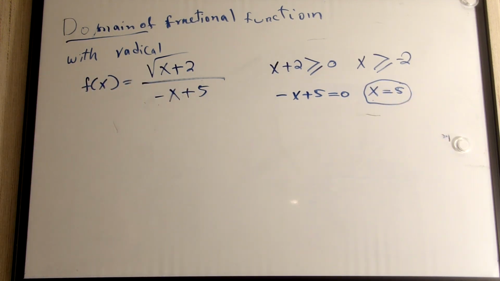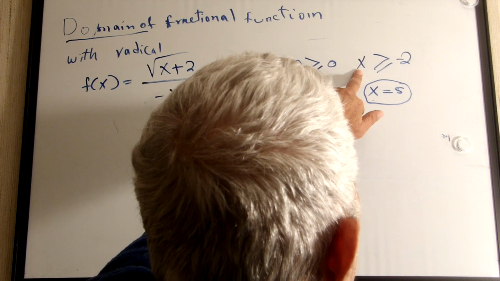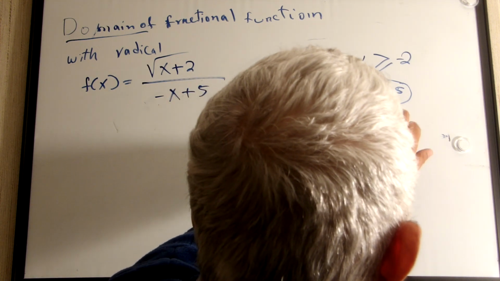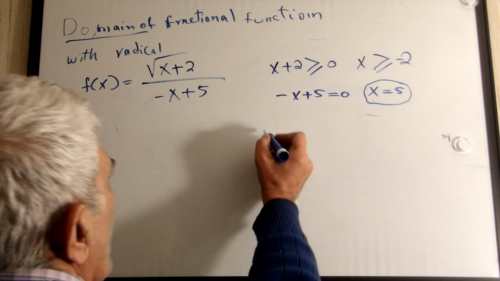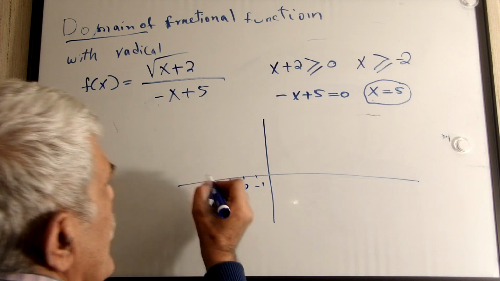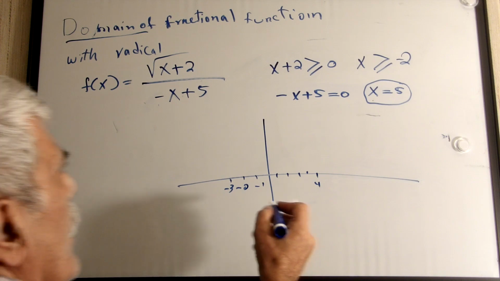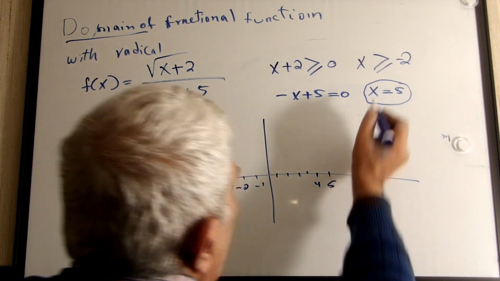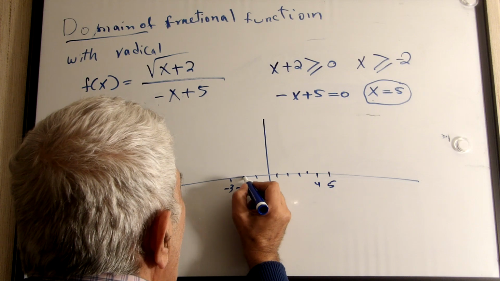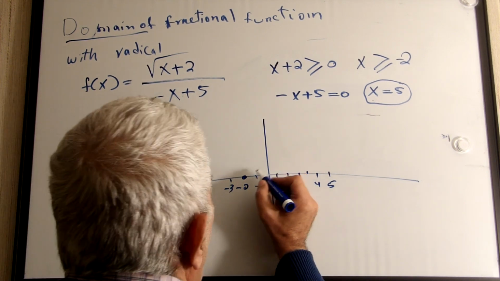What it means here is that all the numbers larger than minus 2 except 5. Here is minus 1, minus 2, minus 3, and plus 1, plus 2, plus 3, 4, and here is 5. X is equal to 5.